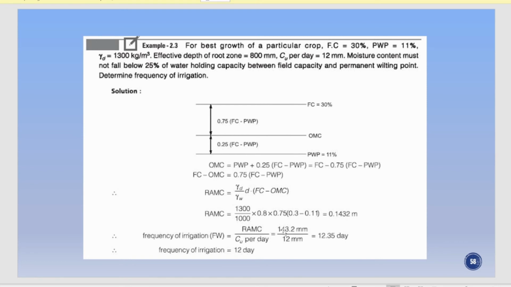The depth of water available here is 0.1432 meter, which is 143.2 mm. So 12 mm is considered daily. After how many days will the water reach the optimum moisture level? 12.35, nearly 12 days. In 12 days, the water stored in the root zone will fall from field capacity to optimum moisture content. So after every 12 days we need to keep on applying water. The frequency of irrigation will become 12 days.